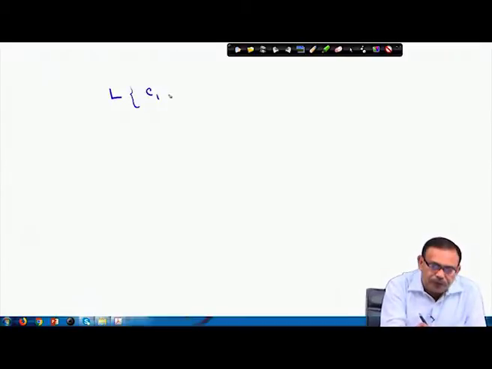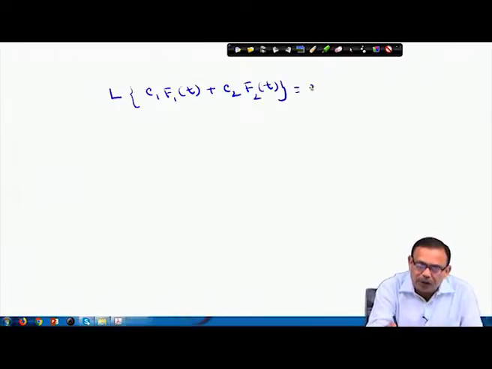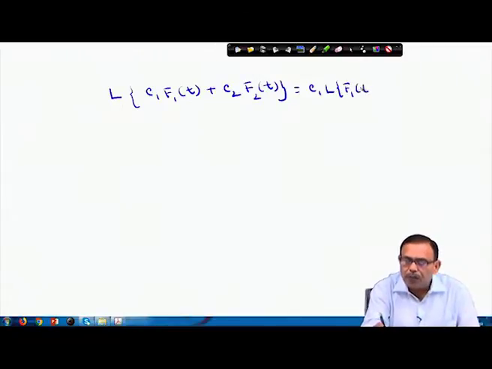In the proof, so here Laplace transform of C1 f1(t) plus C2 f2(t) equals, we know, C1 Laplace transform of f1(t) plus C2 Laplace transform of f2(t), this we know, already we have done earlier.